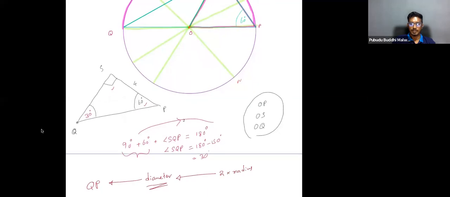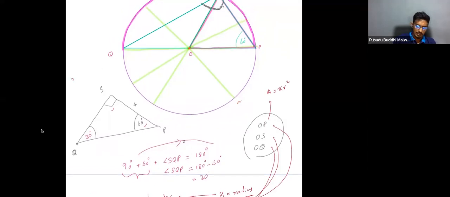That is OP, OS, OQ. Then we can use that to compute the area of the circle using pi r square. So that's the thought process. Or you can use that 30, 60, 90 triangle, or you can use trigonometry. If you have an idea about trigonometry, you can use that.